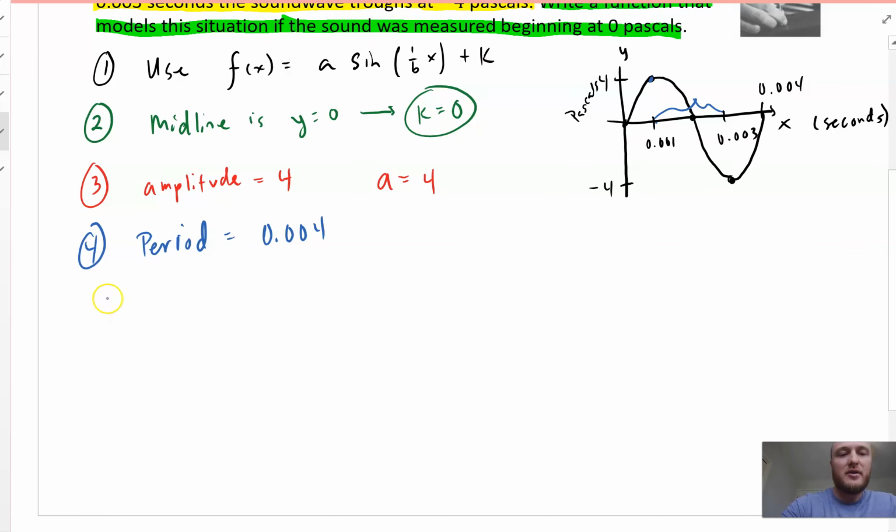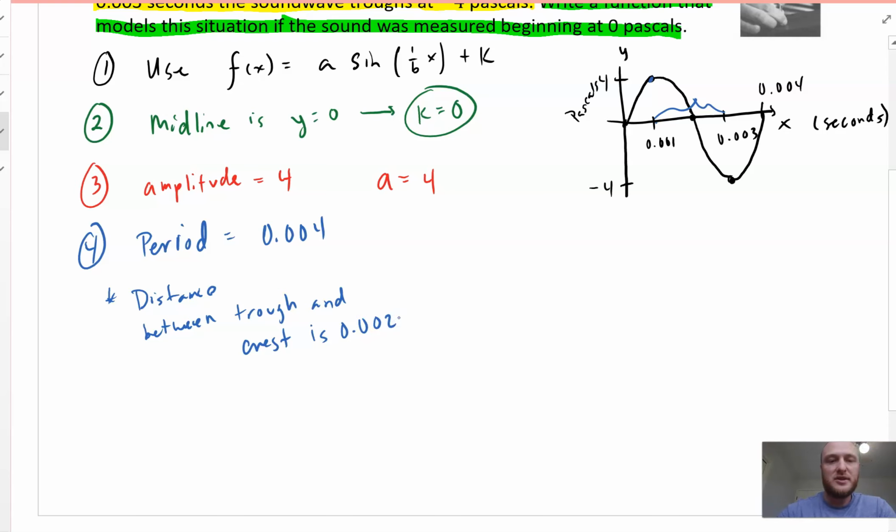The way I'm calculating this is that the distance between trough and crest is 0.002, so to get the period we just multiply by 2. We double it. Also, visually you could see this, but based upon the given information, that's how I calculated it.